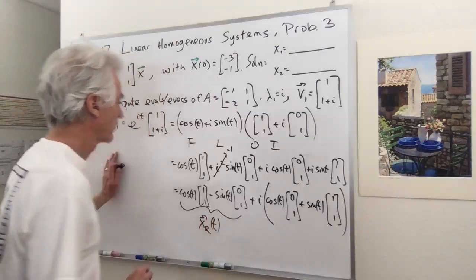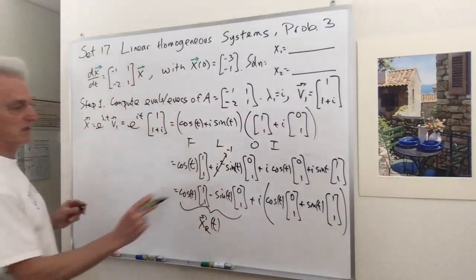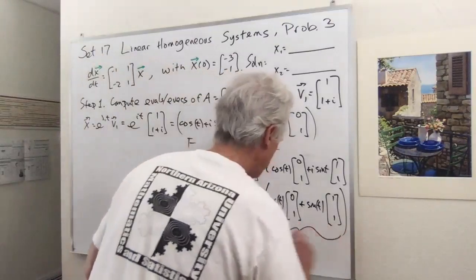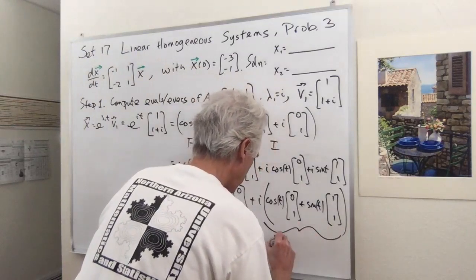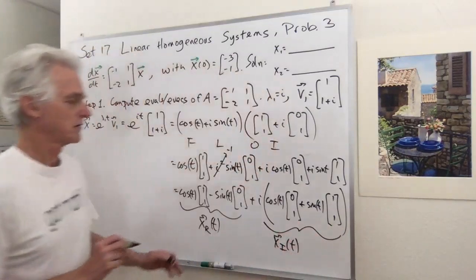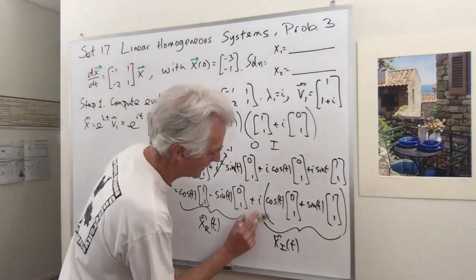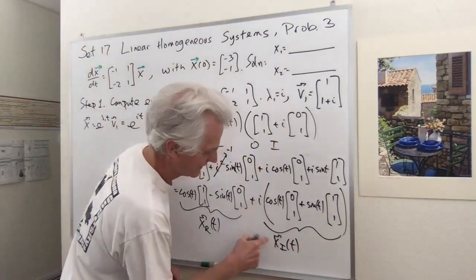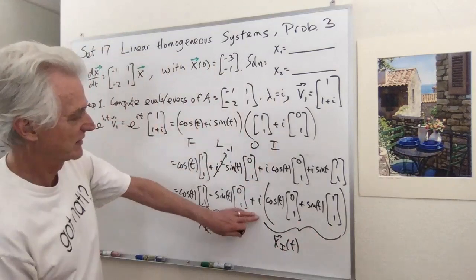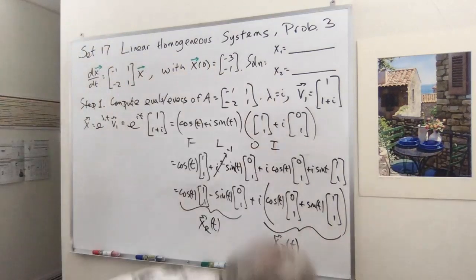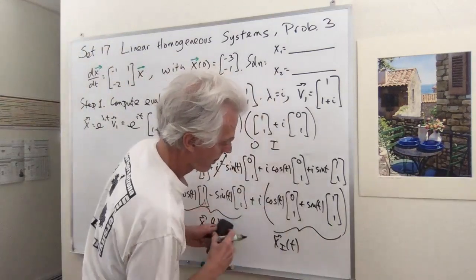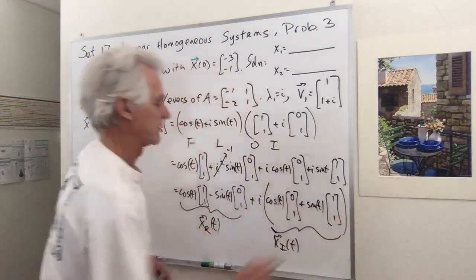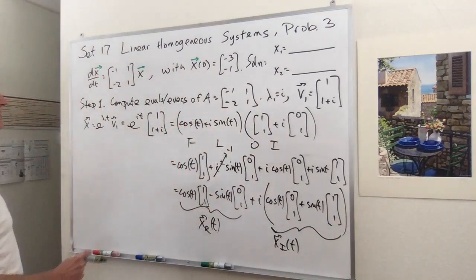The real part of this is a real solution. And the imaginary part, the part that doesn't include the i, everything that i multiplies, is also a solution.